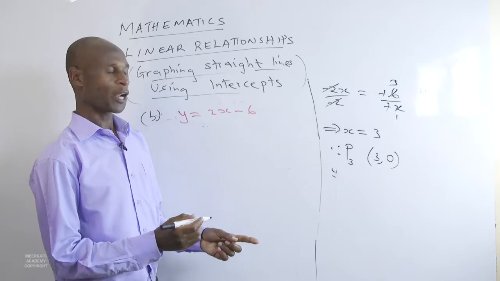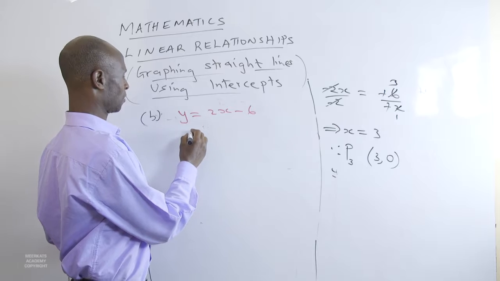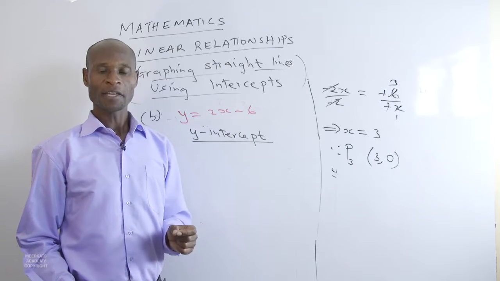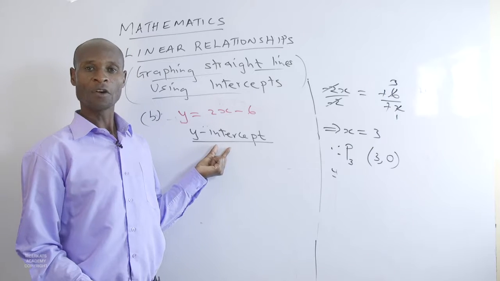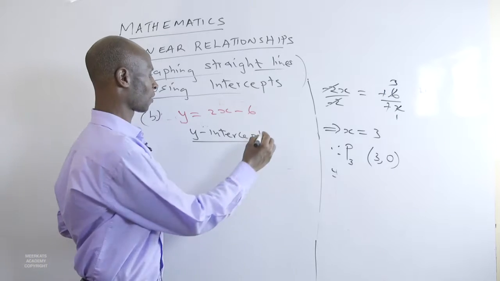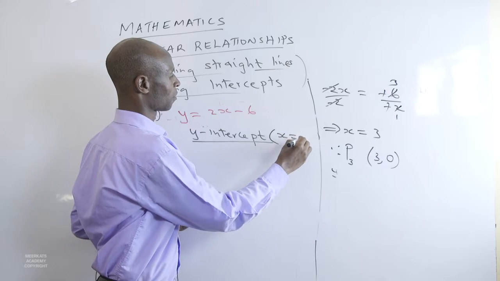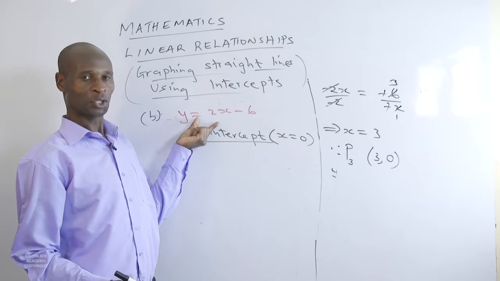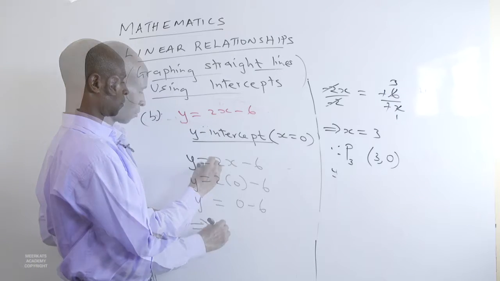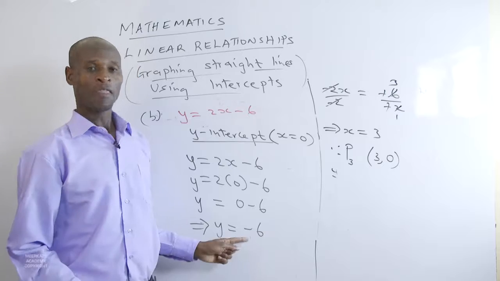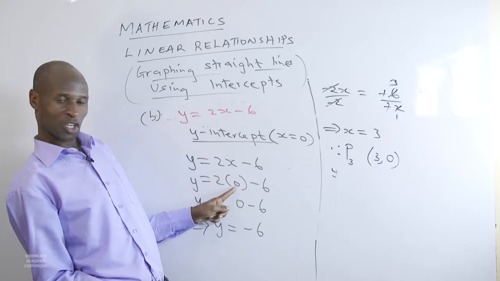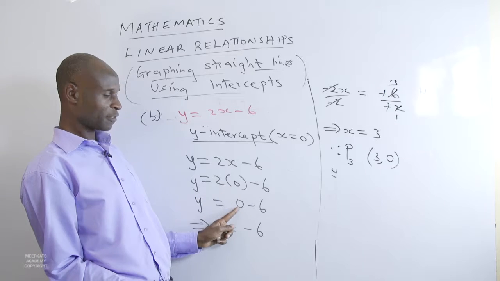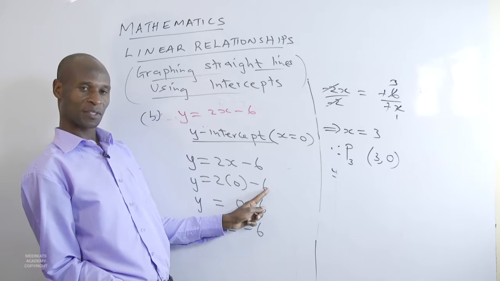Let us now look at the y-intercept. For the y-intercept, we set the value of x as 0 and substitute in our linear relation. That means when x is 0, y is equal to 2 multiplied by 0, which gives us a 0, minus 6.